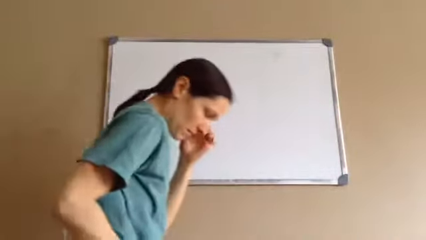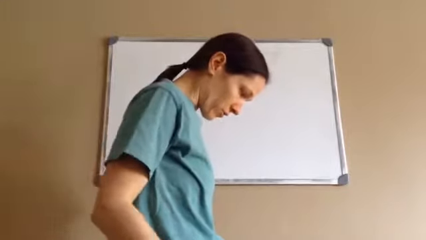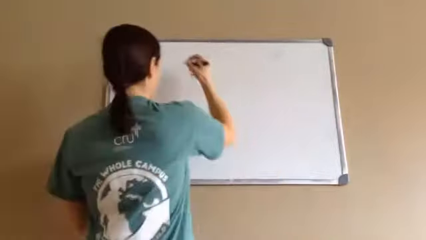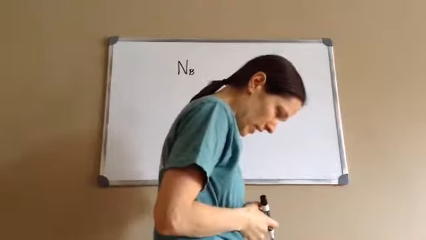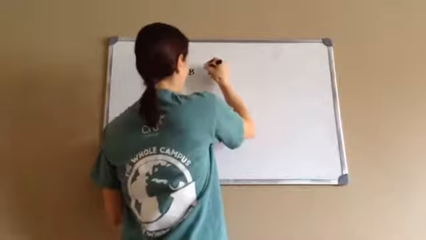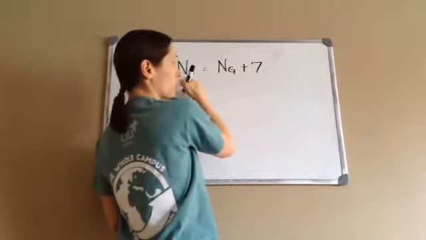Alright. The number of boys in Sarah's class exceeded the number of girls by 7. Okay? So, I'm going to write down the number of boys. So we had a number of girls plus 7 gave us the number of boys.